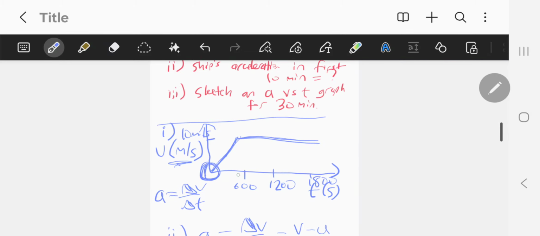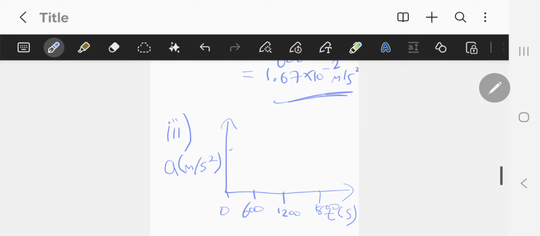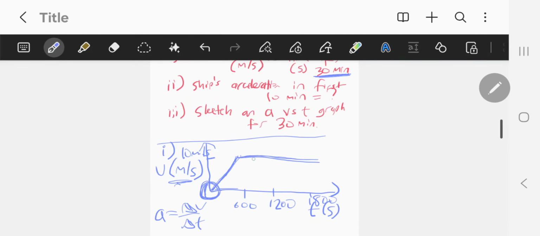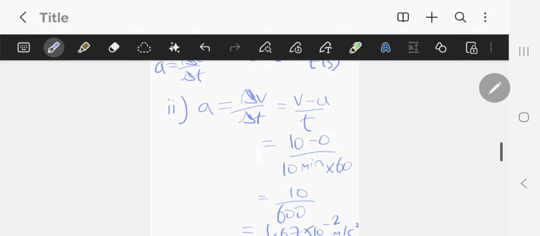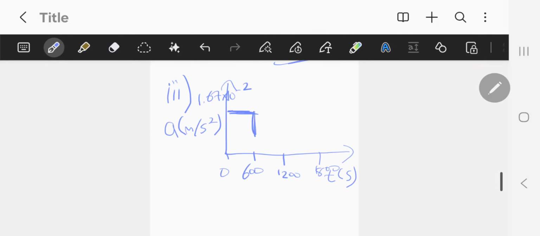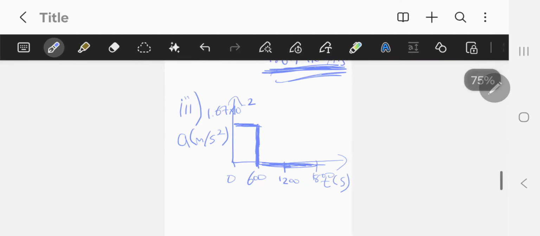It's accelerating at a constant rate, so that will give a flat line at 1.67 times 10 to the minus 2. For the first 600 seconds, that's the acceleration, so it's a flat line. Then it moves at constant speed for the remaining 20 minutes. Constant speed means there's no acceleration, so it jumps straight down at the 600 mark, all the way to 0. And that's your acceleration time graph.